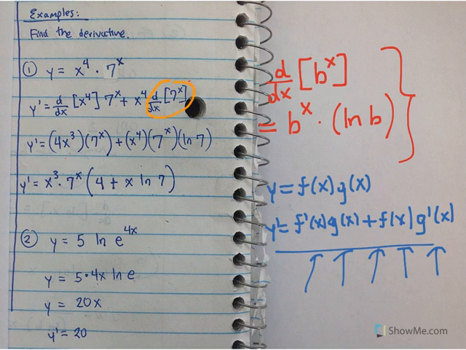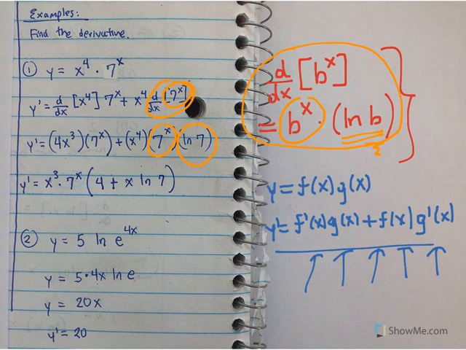So here's the derivative of the second function, and that's what we just learned today, how to find the derivative of an exponential function with the base b greater than 0 and not equal to 1. You take whatever your function is. I have 7 to the x, so I write 7 to the x, and multiply by the natural log of the base, natural log of 7. The base is 7. So we've done that.